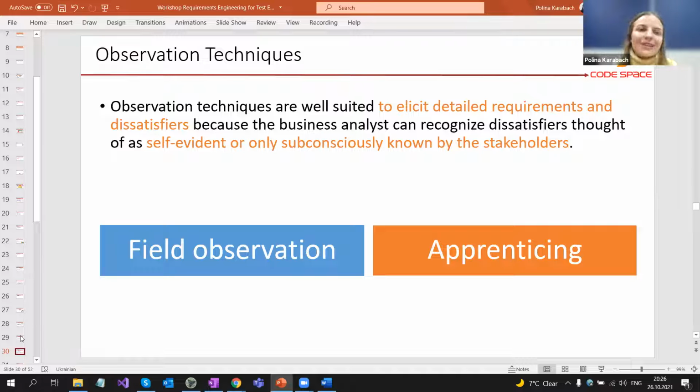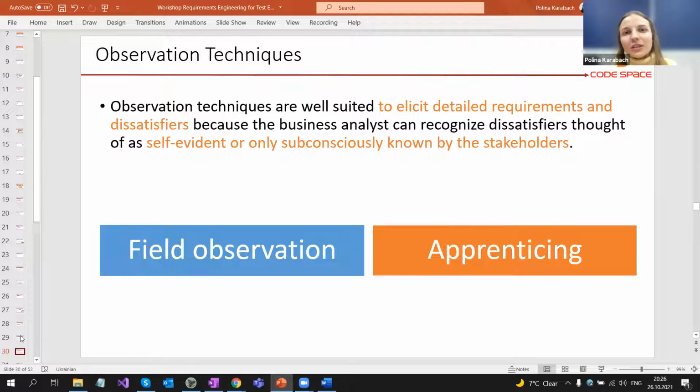And the last from this group, besides the support ones, is observation techniques. It's also useful for the subconsciously known features, these satisfiers that users do know about, but they don't think about them. They just expect them. Two techniques that we can see here are field observation and apprenticing.